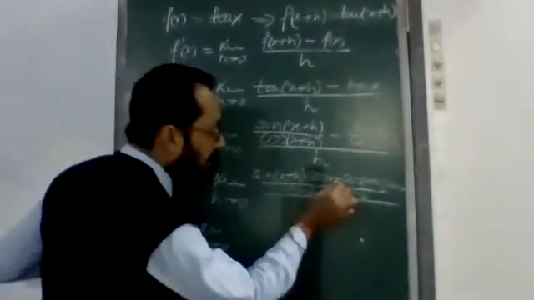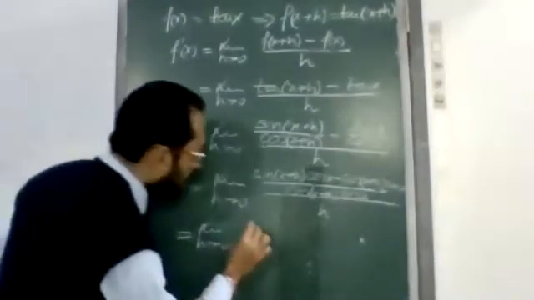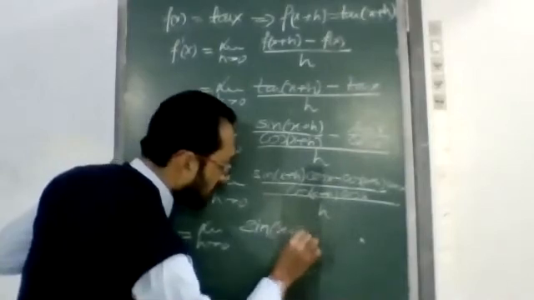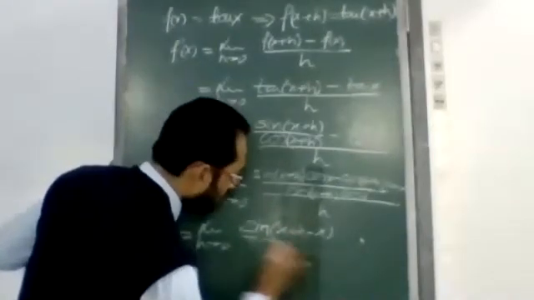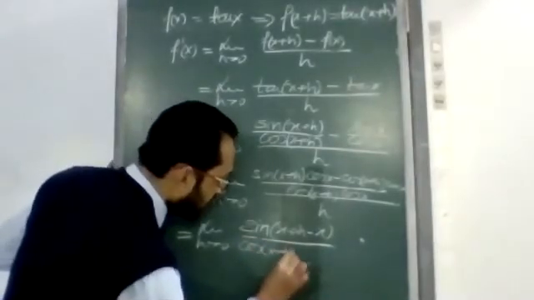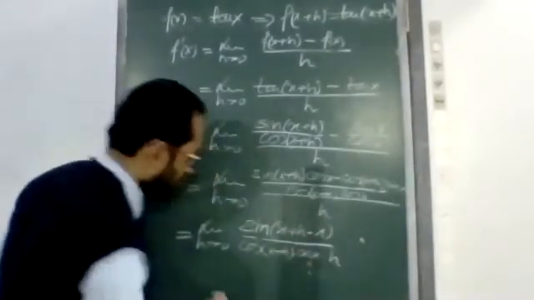Sin A cos B minus cos A sin B will become sin(A minus B). That is sin(x plus h minus x), whole upon cos(x plus h) into cos x into h.